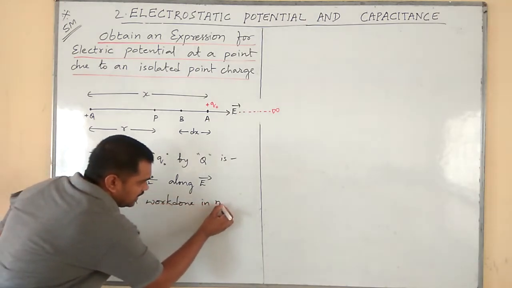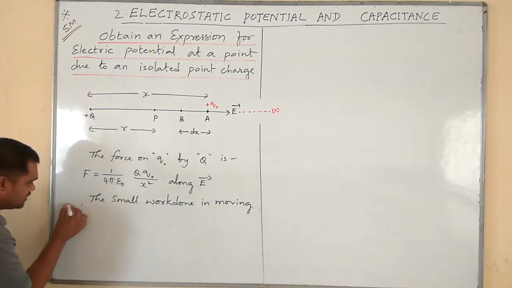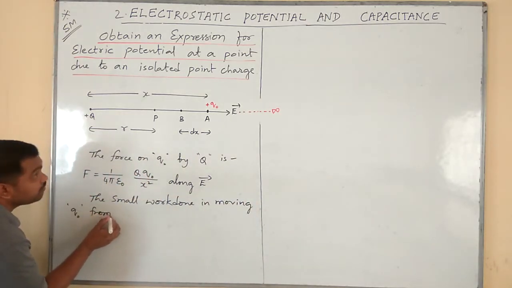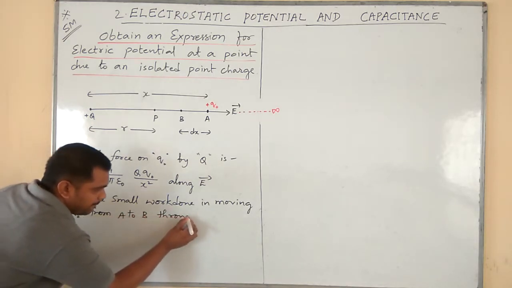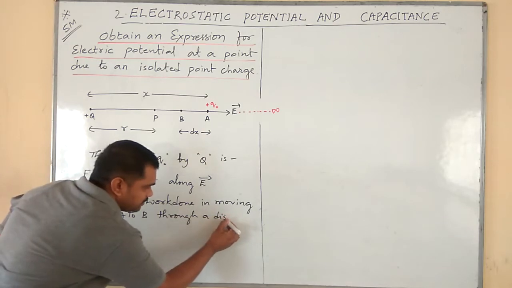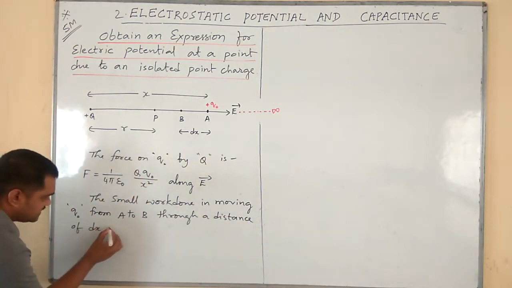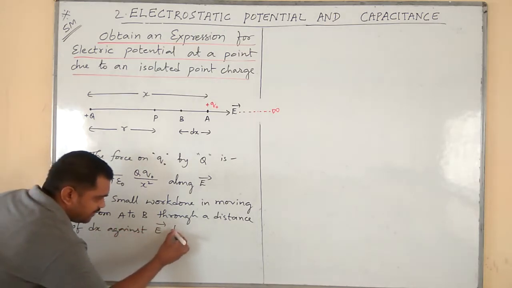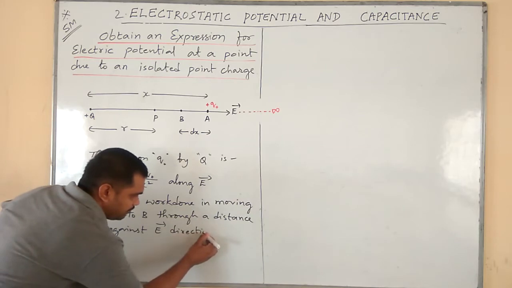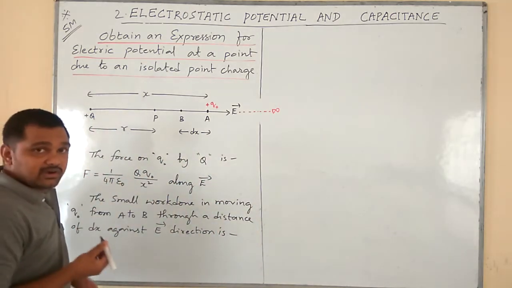Now the small work done in moving Q naught from A to B through a distance of dx against the electric field direction is, what is the formula for work done?